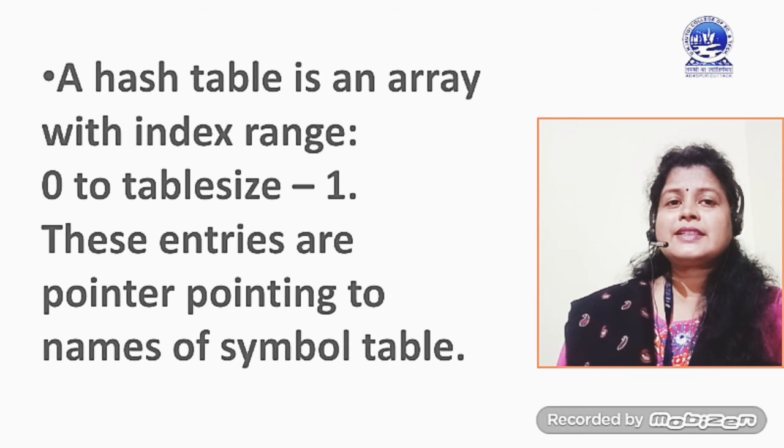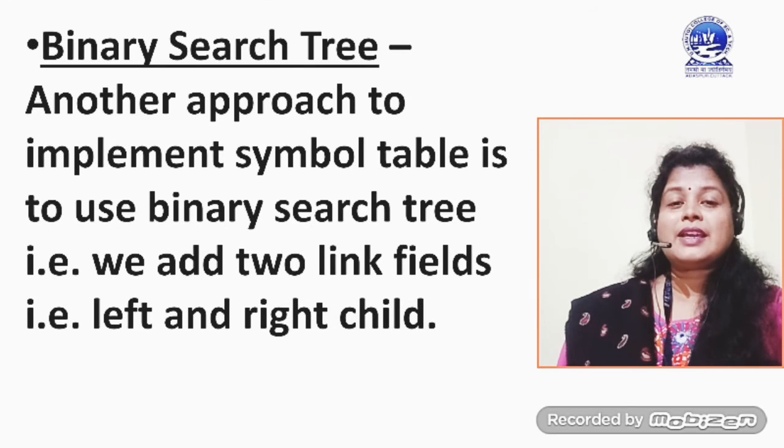A hash table is an array with index range 0 to table size - 1, that means 0 to n - 1. These entries are pointing to the names in the symbol table. Actually the hash table is very popular, and the next popular one is the binary search tree. In data structures you must know about the binary search tree.